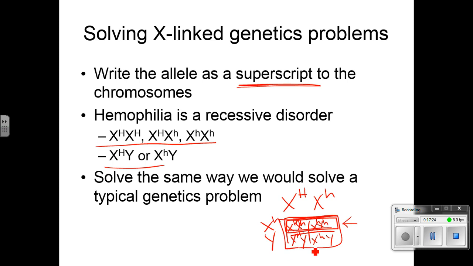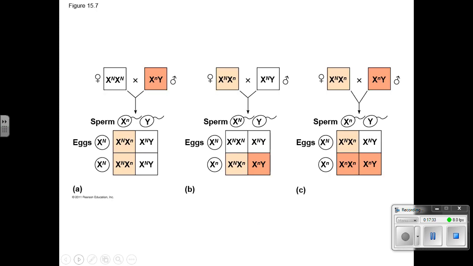If you're talking about all the possible children, then you're looking at all 4 boxes. So it changes a little bit when you're calculating probability, depending on what the question is actually asking. And we'll practice that. So here's showing the different ways sex linkage can go with the egg and the sperm and the different options there.